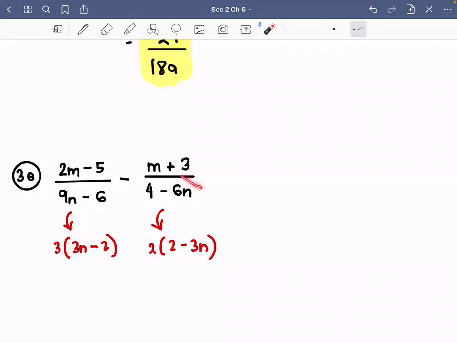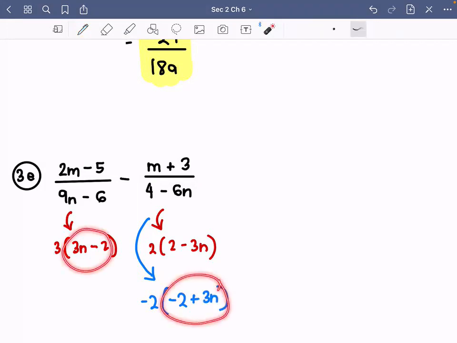So for the second one, instead of dividing this by positive 2, I'd rather divide this by negative 2. Why is that so? Let me show you guys. If I divide this by negative 2 instead, I will get negative 2 plus 3n, which is basically the same as the other fraction.